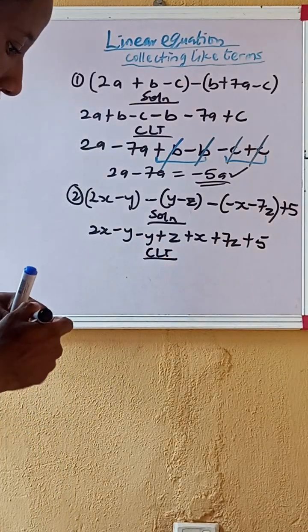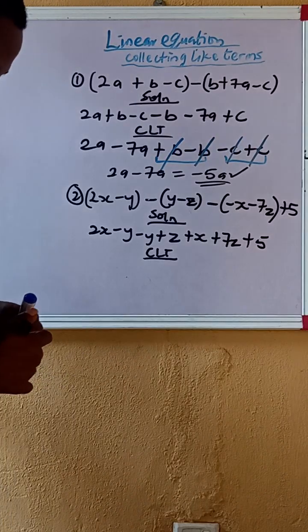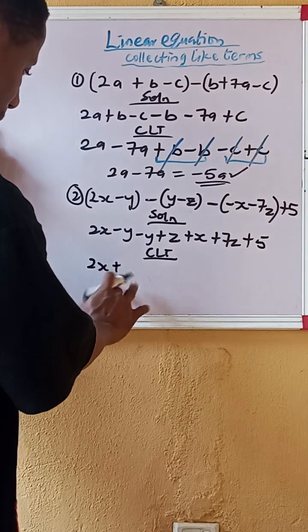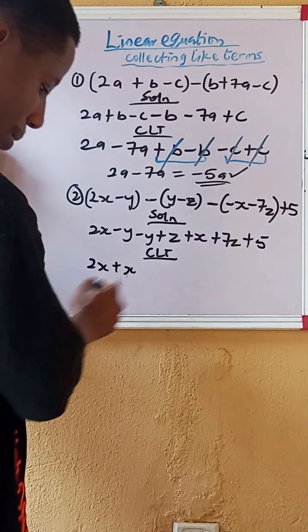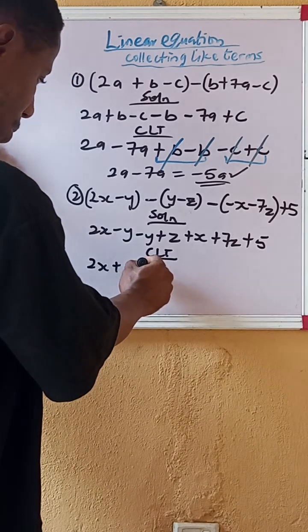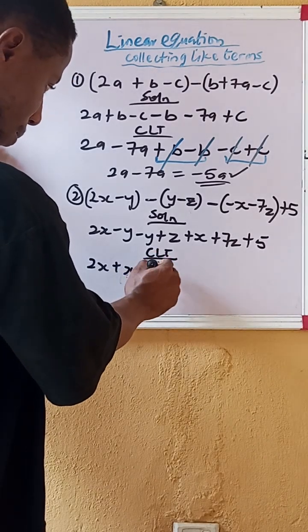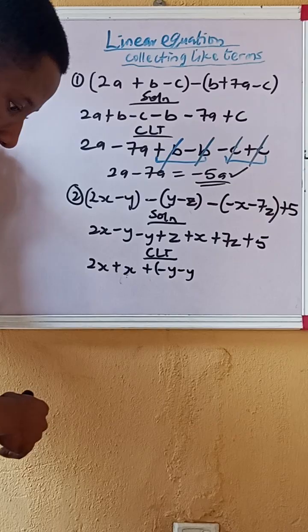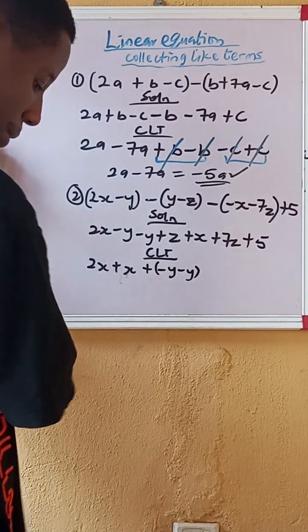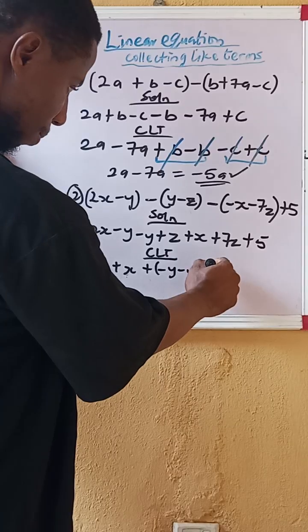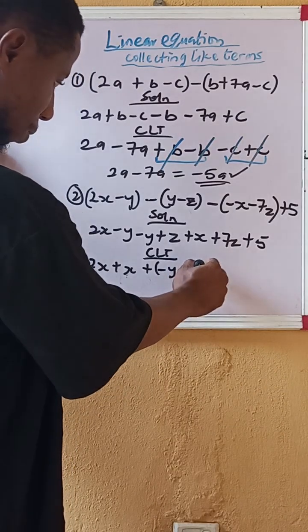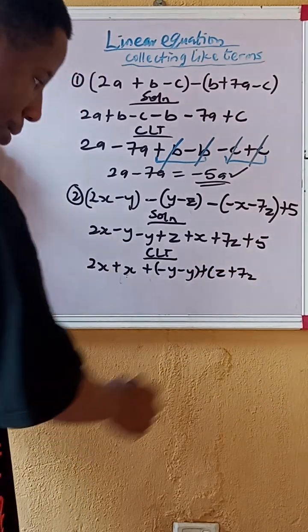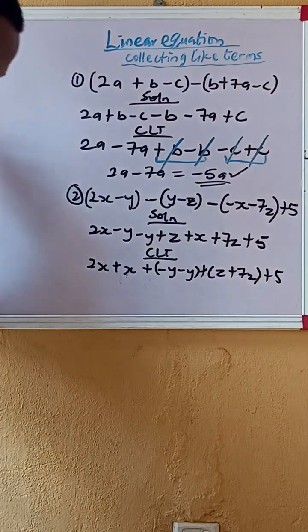So if we are collecting our like terms, we are going to have 2x plus x, then minus y minus y, then plus z plus 7z, plus 5. All right, guys.